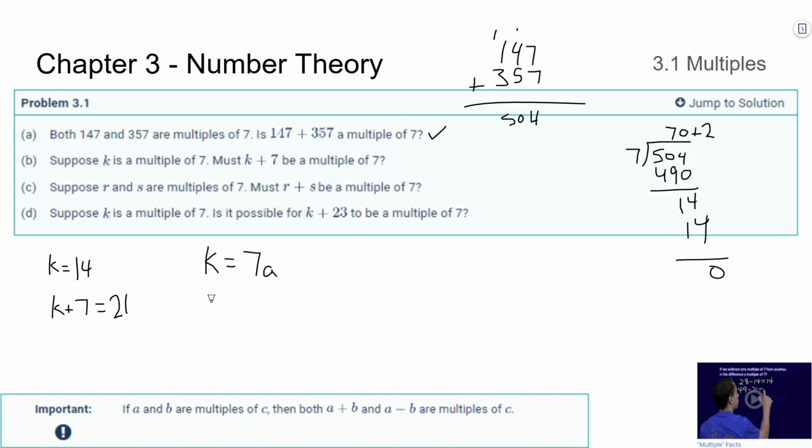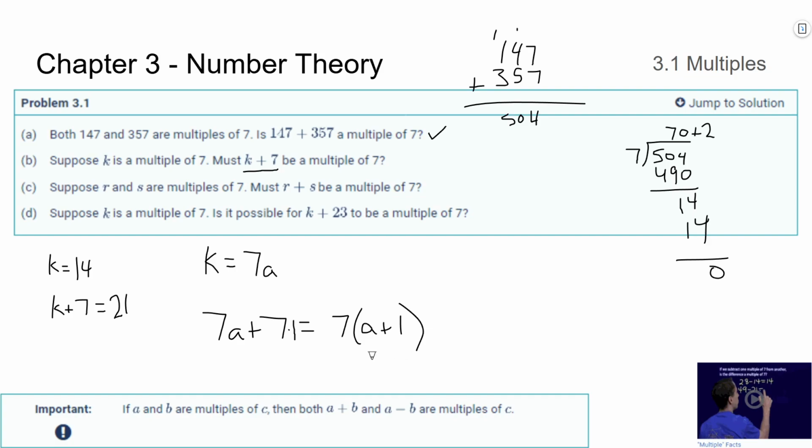All right, so we know that. So if we have k plus 7, that would be 7a plus 7. And we can actually factor out the 7 here. If we treat this 7 as 7 times 1, we can do the reverse of the distributive property. So we can pull out the 7 and factor that out, and we're left with 7 times a plus 1.